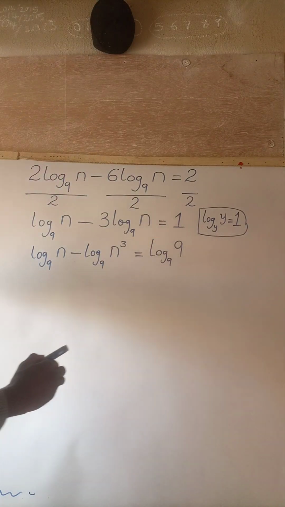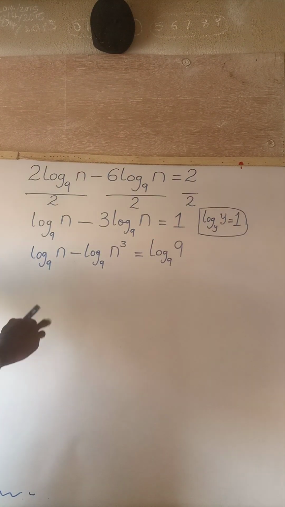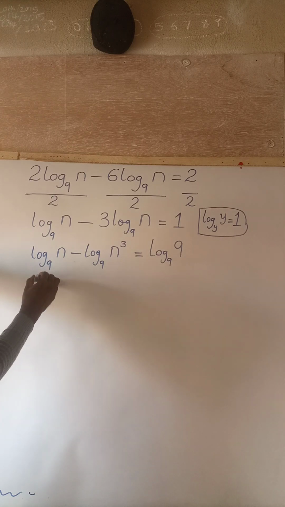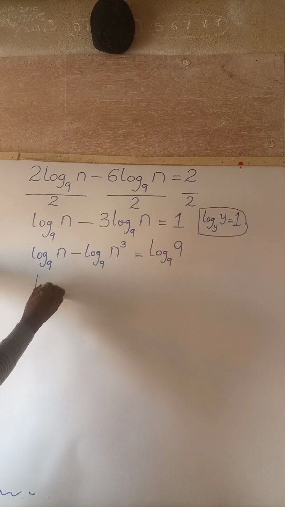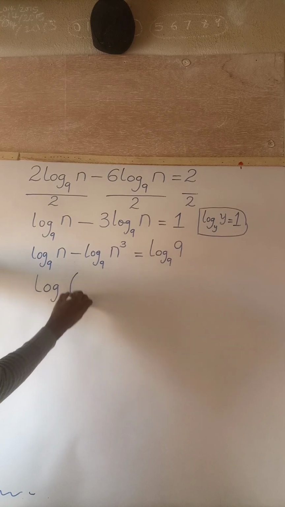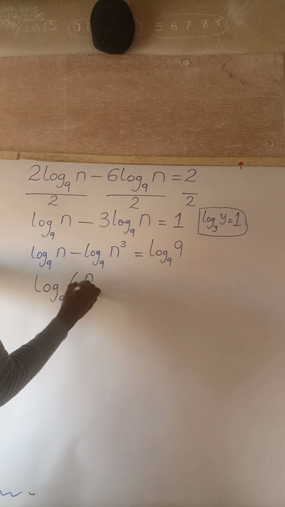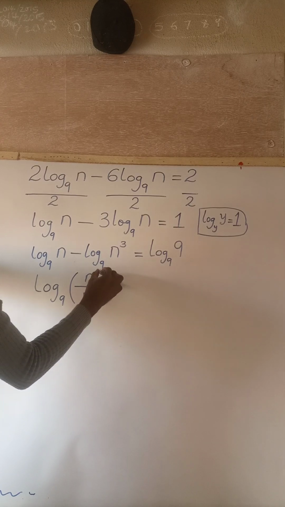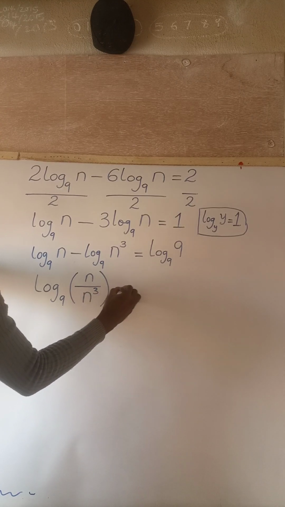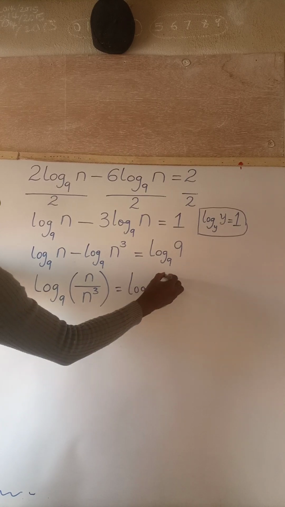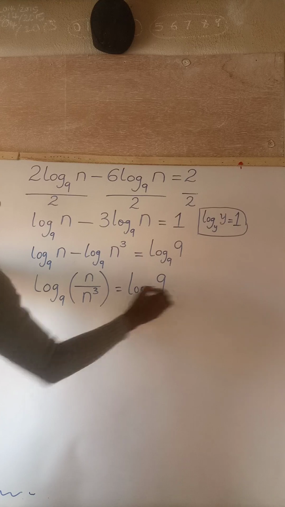Having done that, the next thing we're going to apply is another rule of logarithm, the division rule. We will do it this way: log to base 9 of n over n power 3 is equal to log 9, and the base is 9.